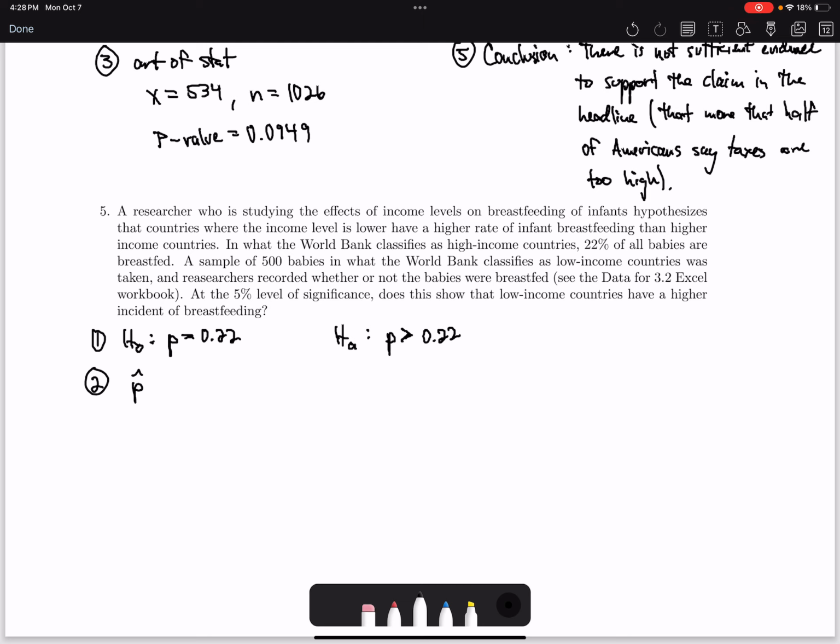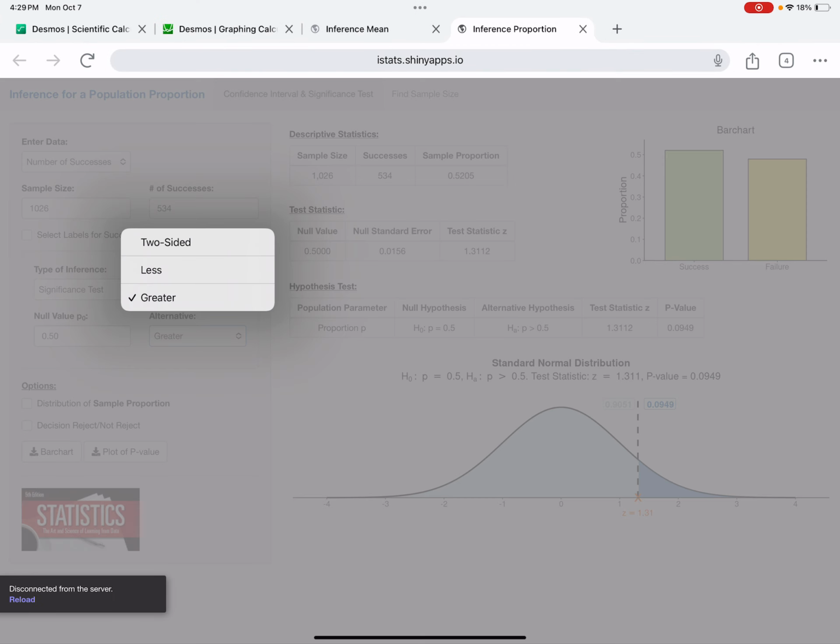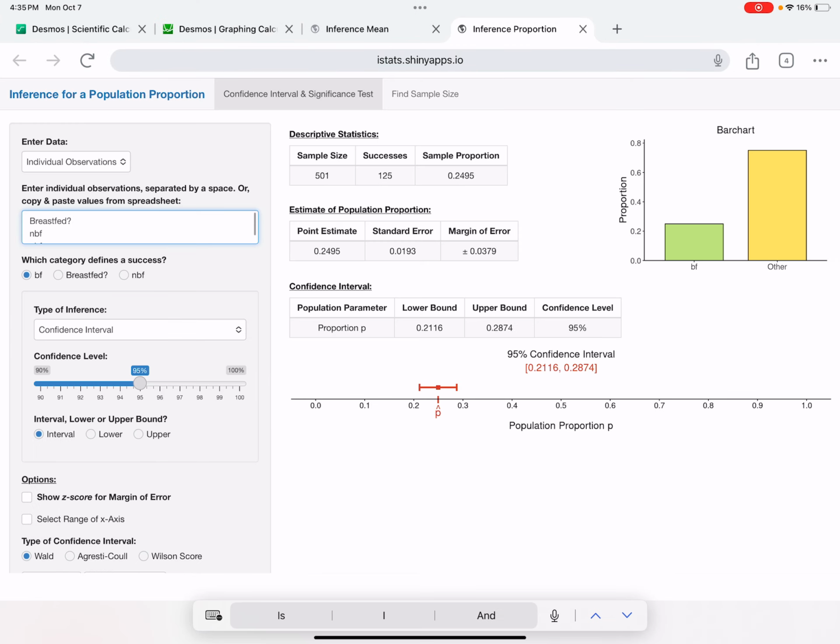So let's head over to the calculator and do that. Okay, so I've got all the data in here, and if you're like me and you copied and pasted the entire column, then the column title, breastfed, was also included, and that needs to not be in there, so go ahead and delete that.